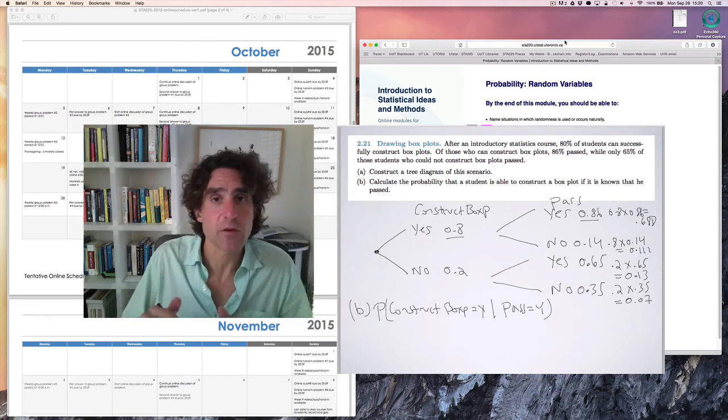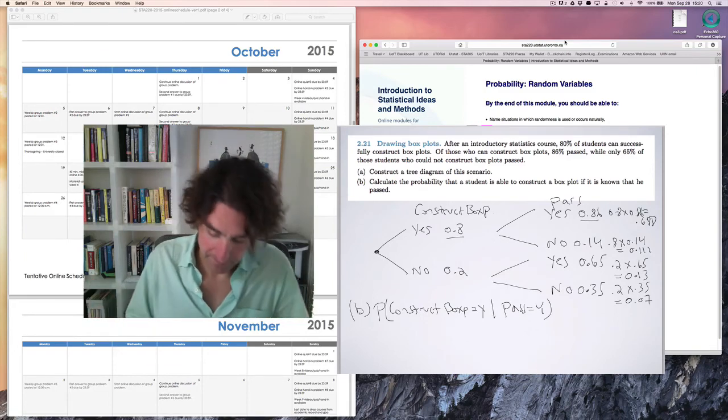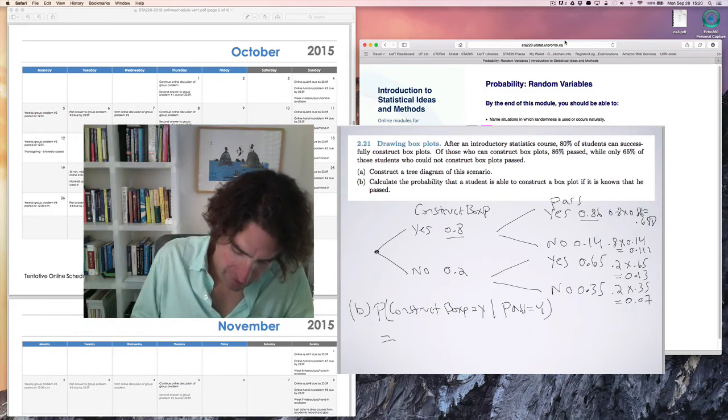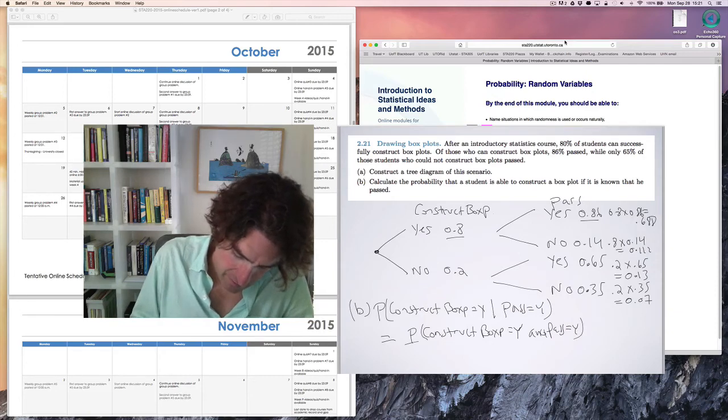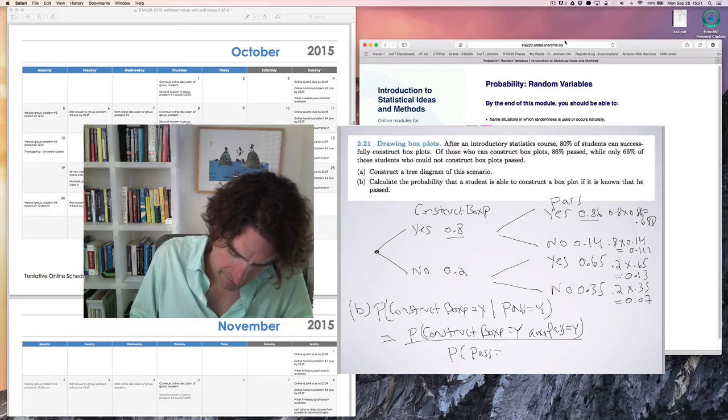And so we can just get the probabilities off of our tree diagram. So that's going to be equal to the probability of constructing box plot is equal to yes and pass equals yes, divided by the probability that pass is equal to yes.